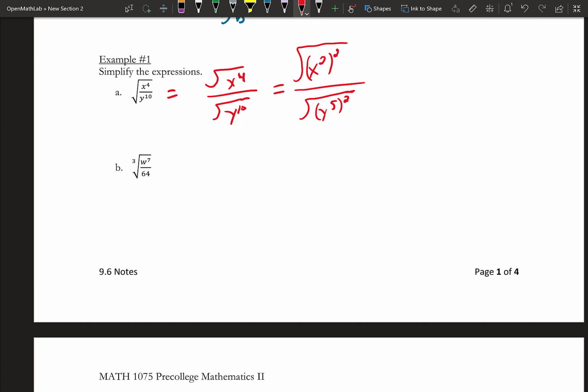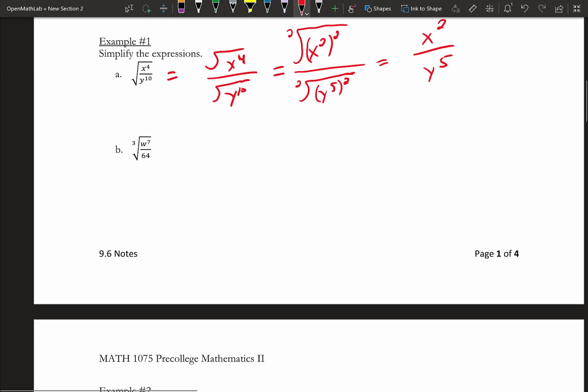The reason that's useful is that if I can write an expression that's squared to match the index, which is 2, then those will just cancel out. So this becomes just x squared divided by y to the 5th. Same thing here. We have the cubed root as my index now.